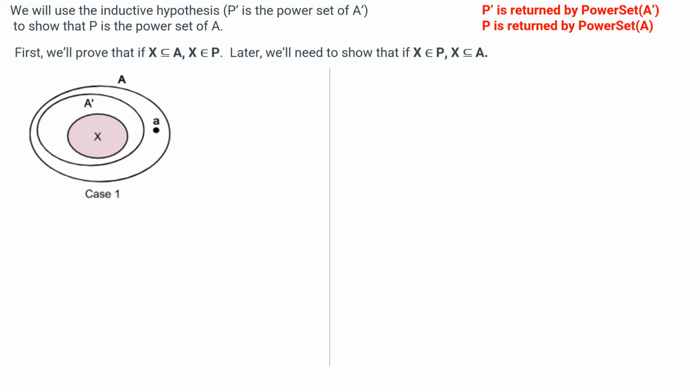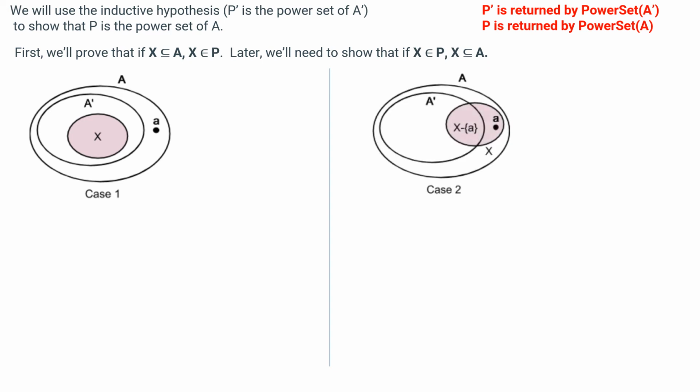Remember, the first thing that we do when we'd be going from A down to A prime is taking out an element. And so maybe this general set that we're saying is a subset of A doesn't involve the element that we have taken out as one of the first things we do. But maybe it does. So in that case, it would look like what's on the right.